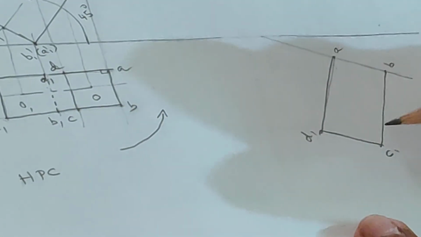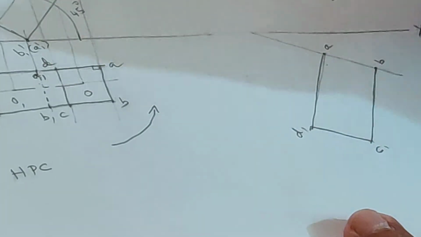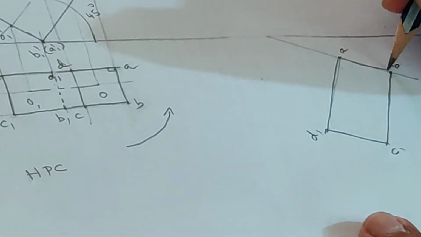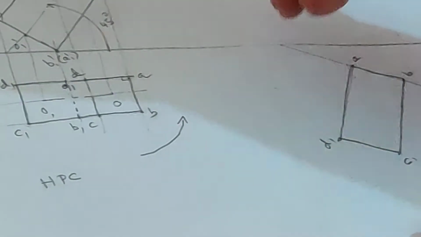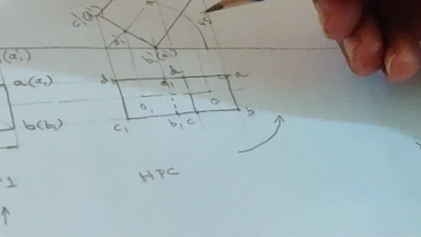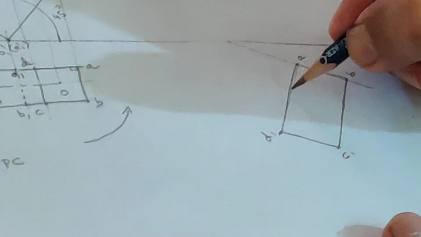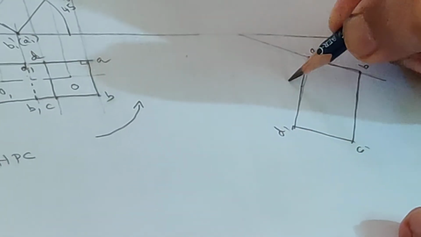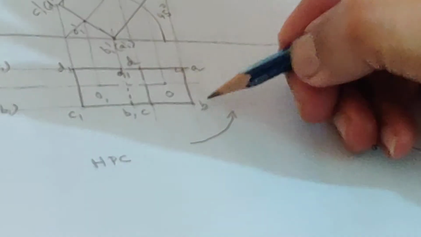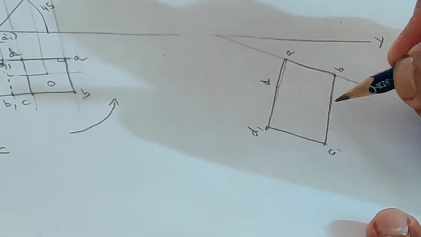So in fact we have drawn the boundary here, the boundary of the top view. Now you can measure the distances and mark the points one by one. Okay, A to D you can measure, mark it here. Similarly B to C, same dimension.